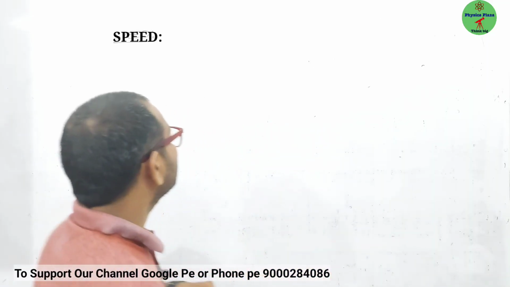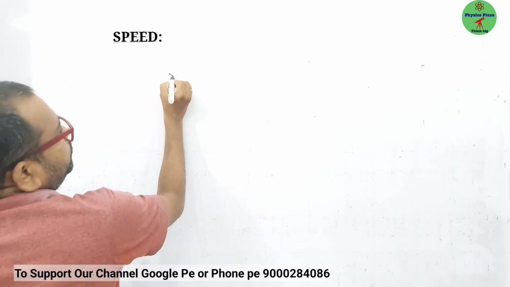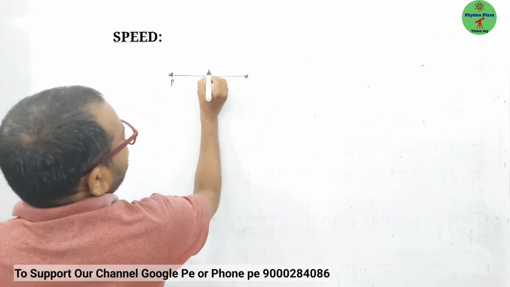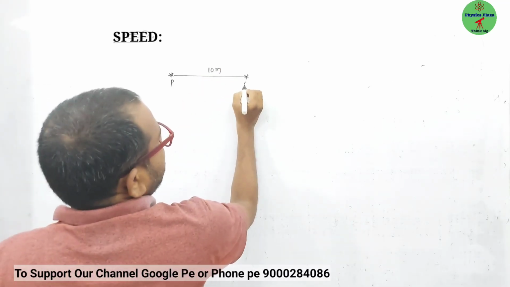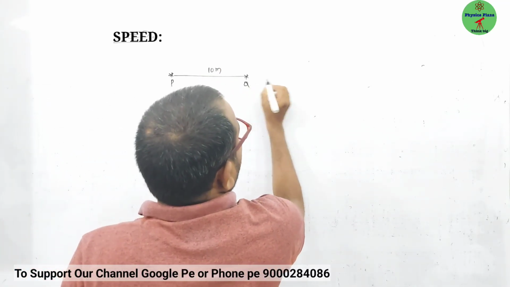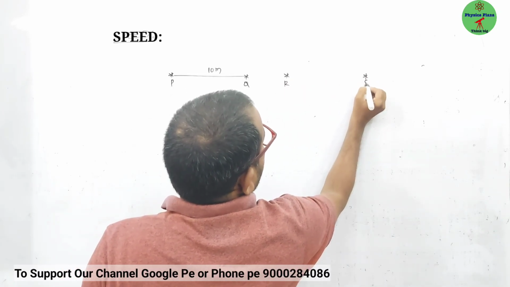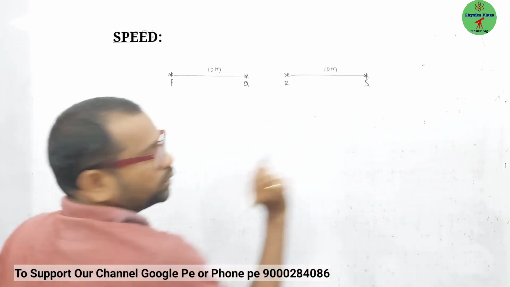Okay? Come on. So children, to understand speed, let us take a small example. Let us say point P to point Q is, for example, 10 meters distance, whereas point R to point S is also 10 meters only.